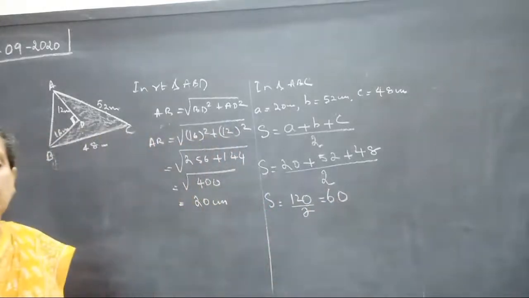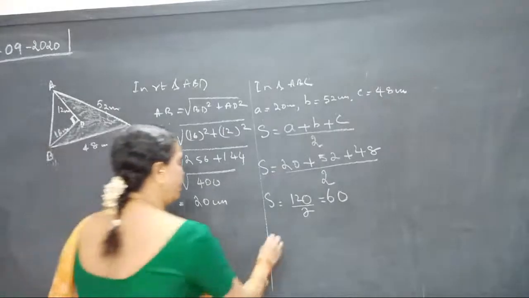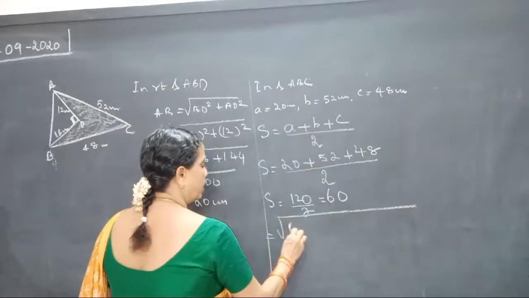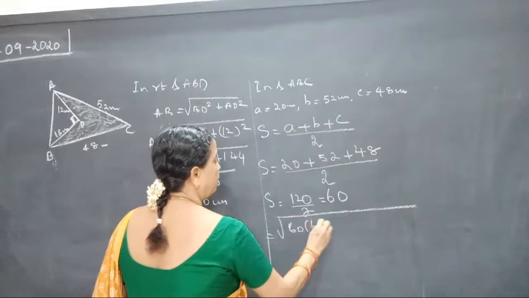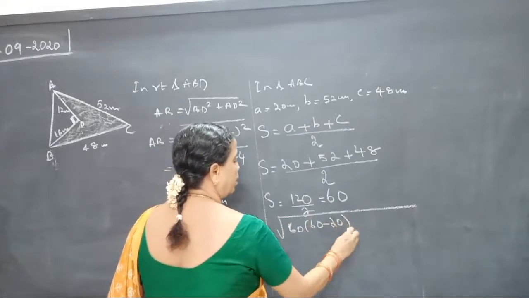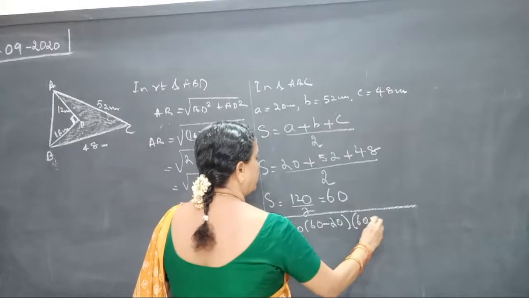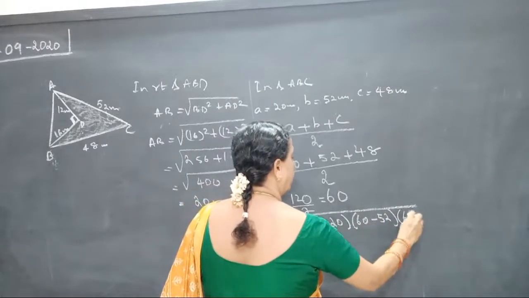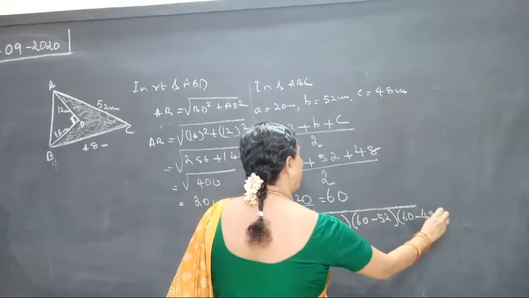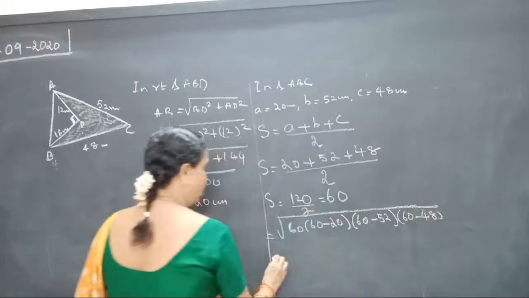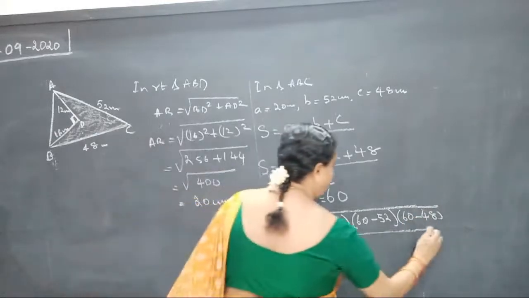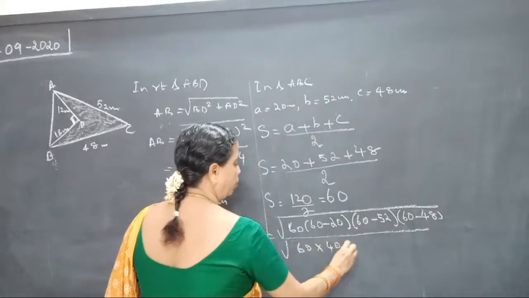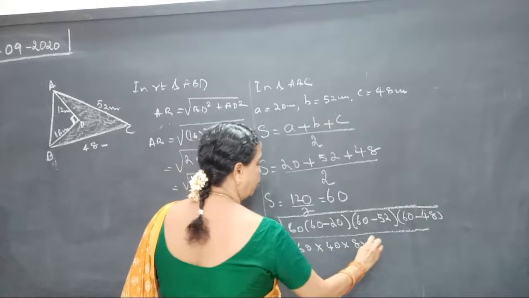Getting the semi-perimeter, now calculate the area using root of 60 into 60 minus 20. I have not written the formula. Many times we have taken it, but while doing it you have to show the formula. It is root of 60 into 40 into 8 into 12.